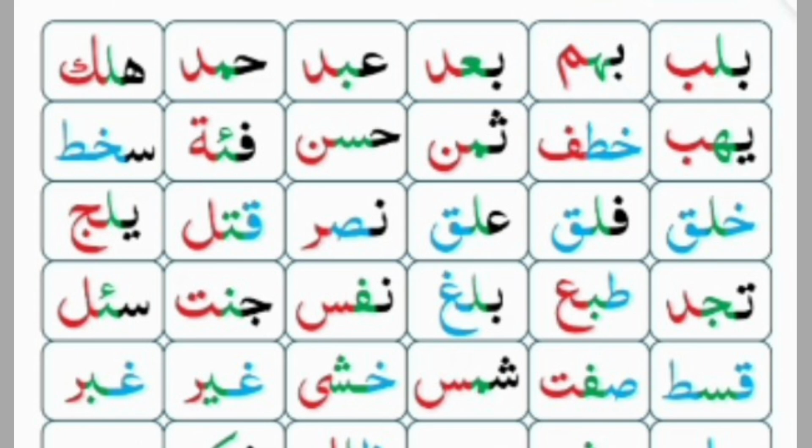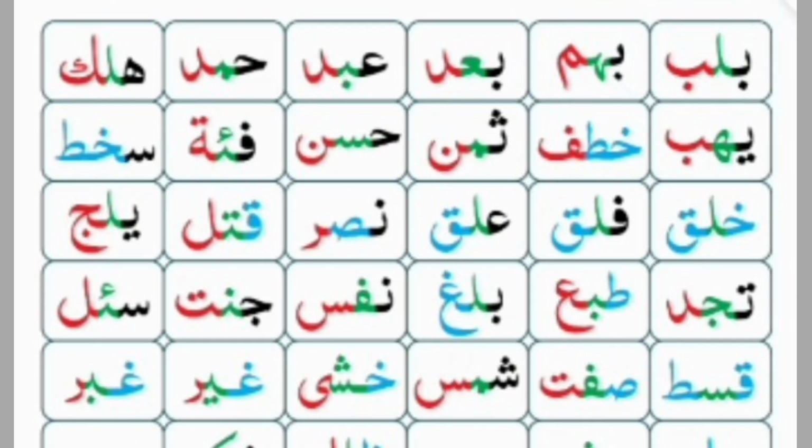And 3 letters joined together is also called compound letters. Like this, ba, lam, ba: 1 letter ba, and lam, and ba, these 3 letters joined together are called compound letters.